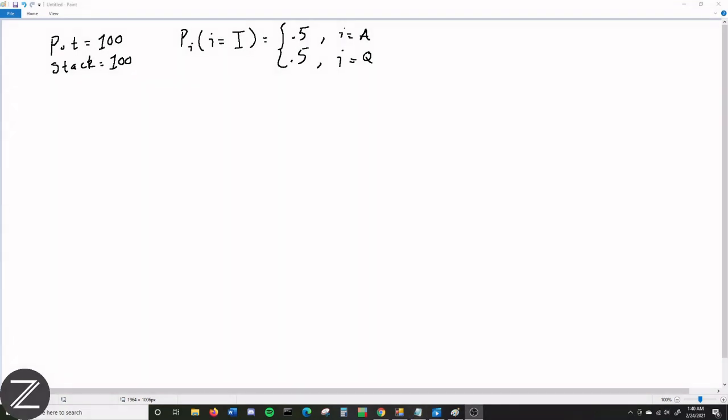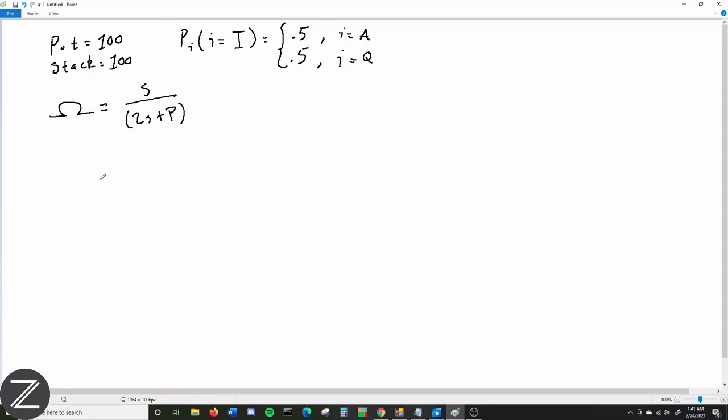Okay, so now we're going to introduce omega. Omega is simply the size of the bet over 2s plus p, if I recall correctly. So S is the bet size, and P is the pot size.